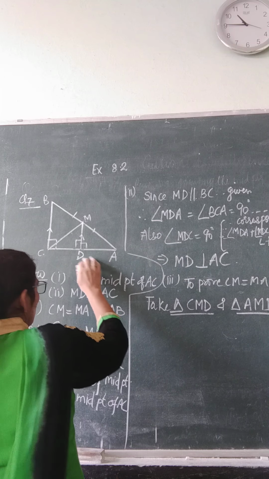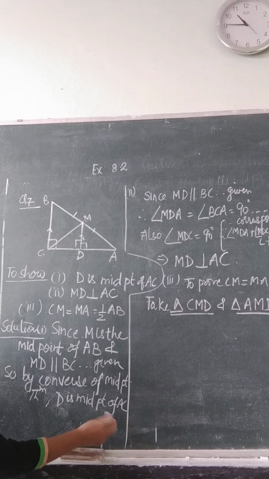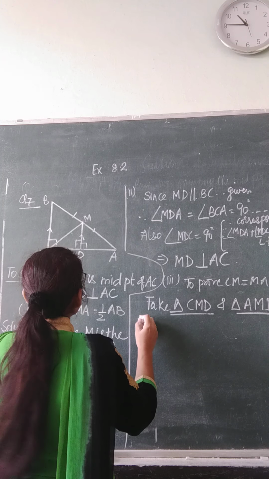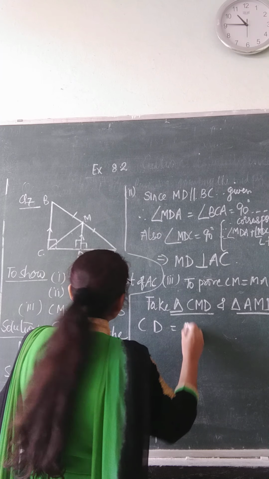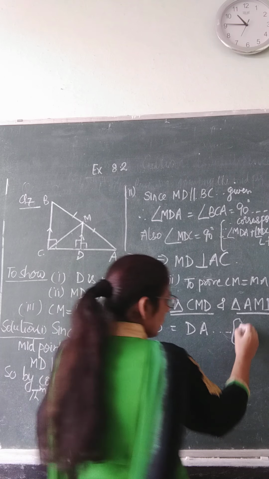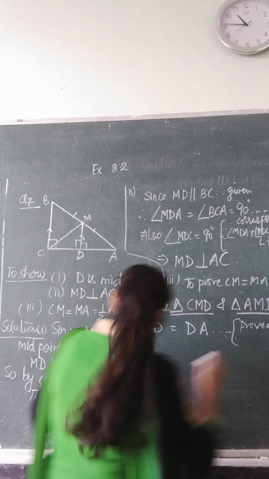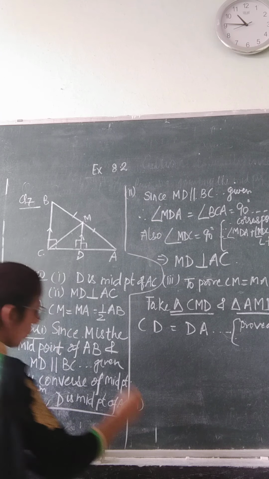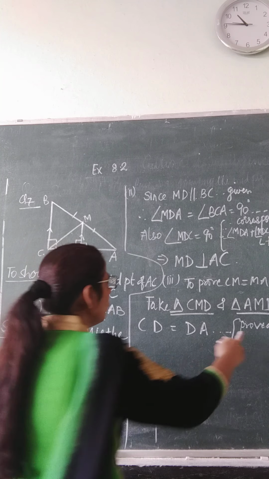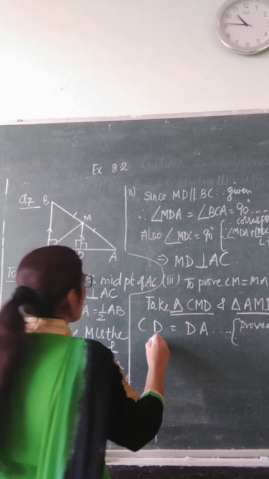What is given here? D we have proved the midpoint. It was just proved here that D is the midpoint of AC. Therefore CD is equal to DA. This was proved in first point. Proved in 1. I can write it as first equation. D is, by converse we had proved it. Proved in 1. CD is equal to DA. This angle is 90. This angle is 90.